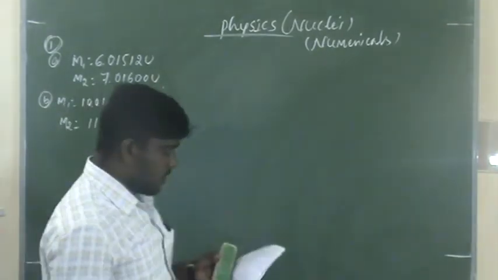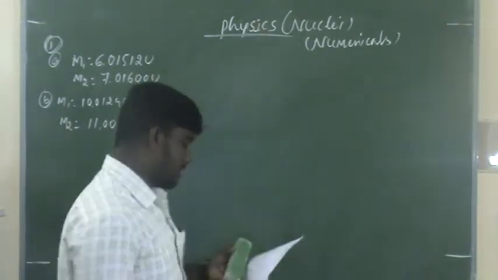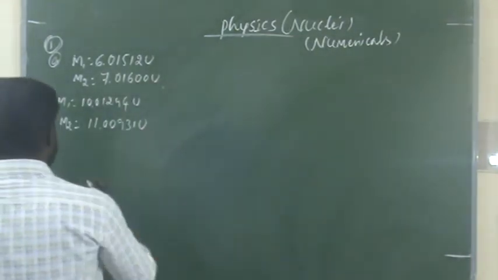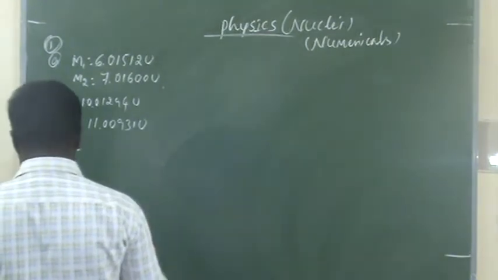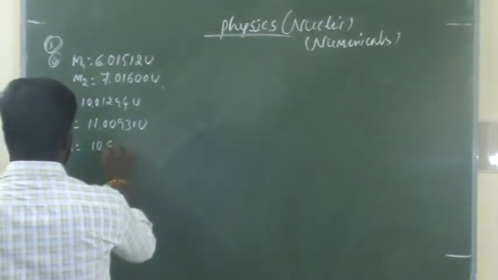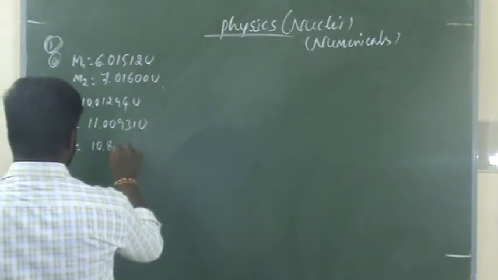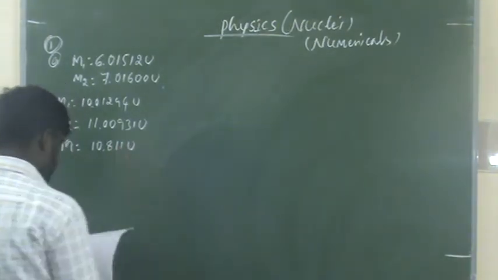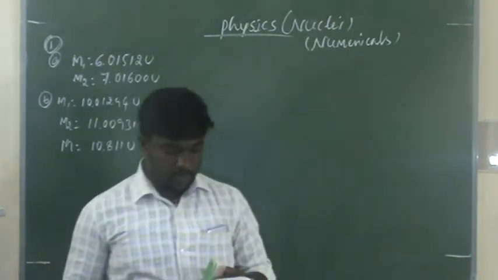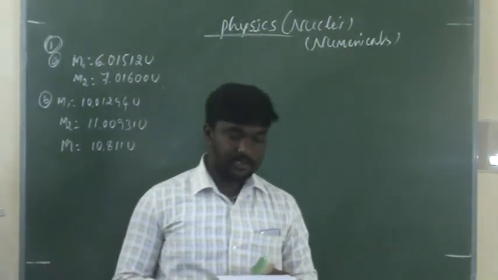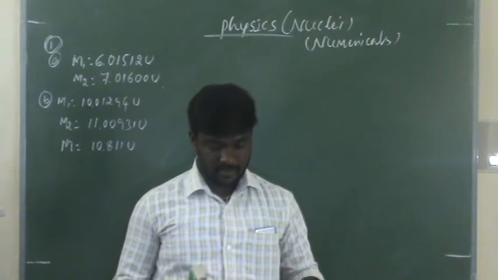The atomic mass of boron is also given, capital M equals 10.811 unit. Find the abundance of boron 10 and boron 11.